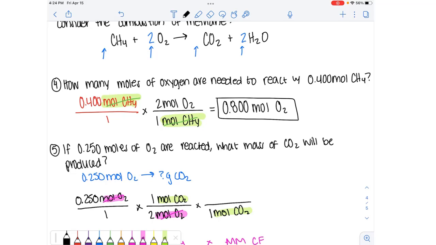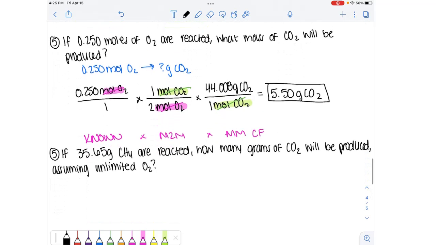So you'd have to pause, calculate the molar mass of carbon dioxide. It is 44.008 grams. So now at this point, my moles cancel with my moles. You plug this in your calculator, round to the correct number of sig figs, and hopefully when you did that, you got 5.50 grams of carbon dioxide.